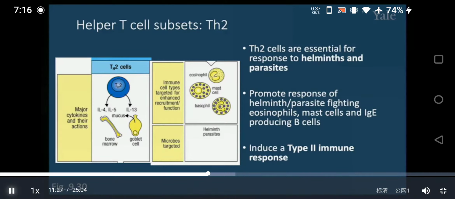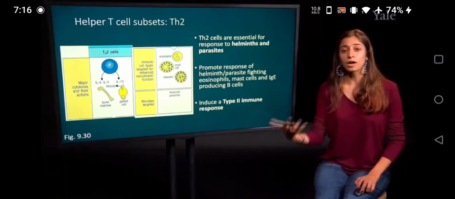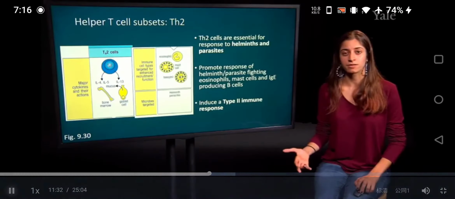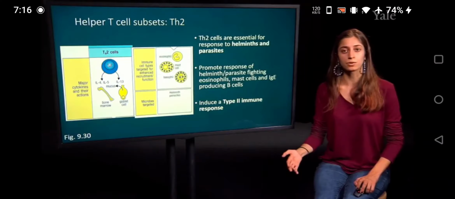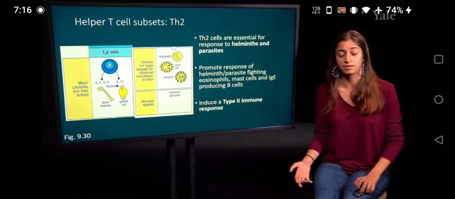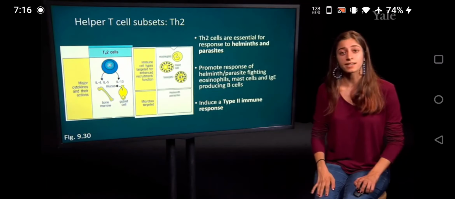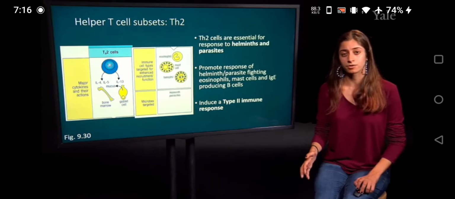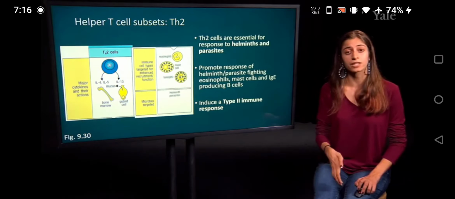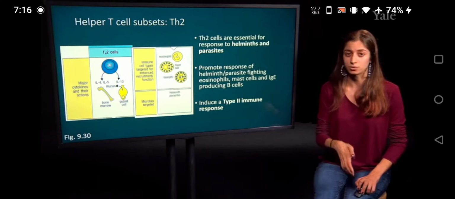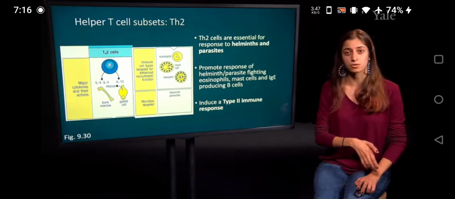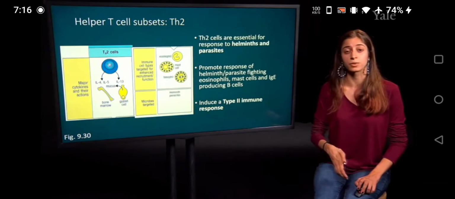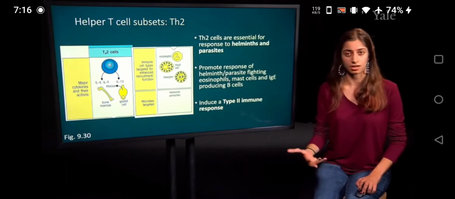Before I go on, I'd first like to mention that a type 1 and a type 2 immune response are vastly different in their effector function. Because of this, a type 1 immune response is not appropriate to respond to a type 2 infection, and a type 2 immune response will not effectively deal with a type 1 infection, such as an intracellular bacteria or a virus.